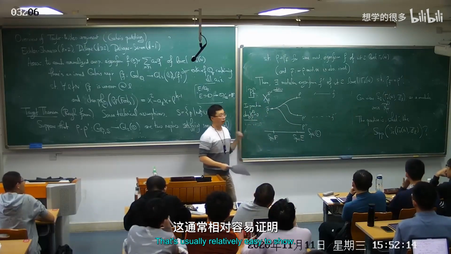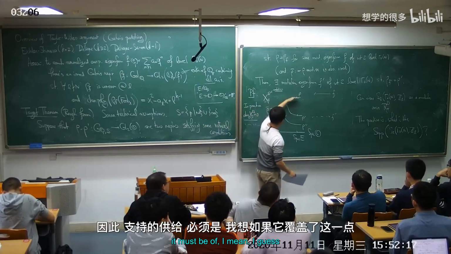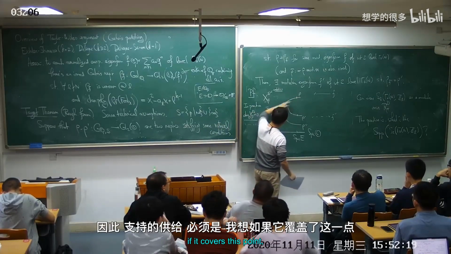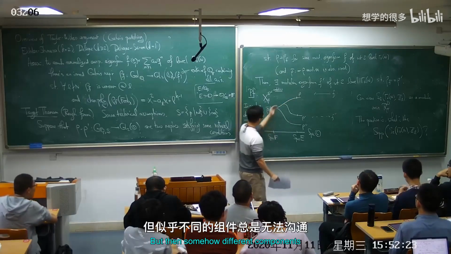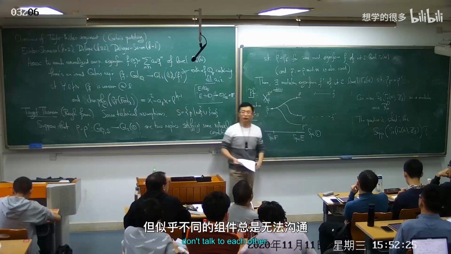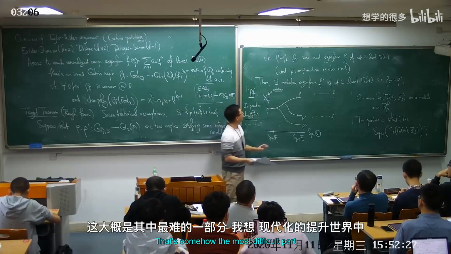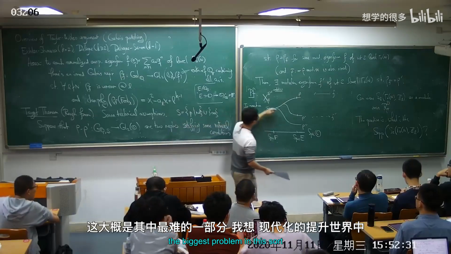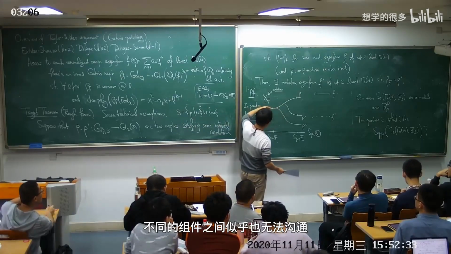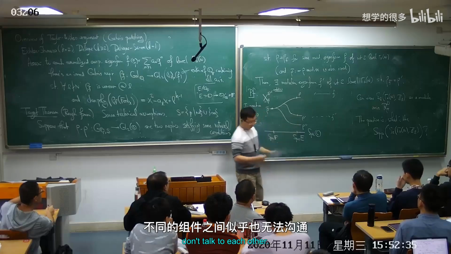That's usually relatively easy to show. So therefore, if the support covers this point, it will roughly cover the component. That's okay. But then different components don't talk to each other. That's the most difficult part, the biggest problem in this modularity lifting world: different components don't talk to each other.